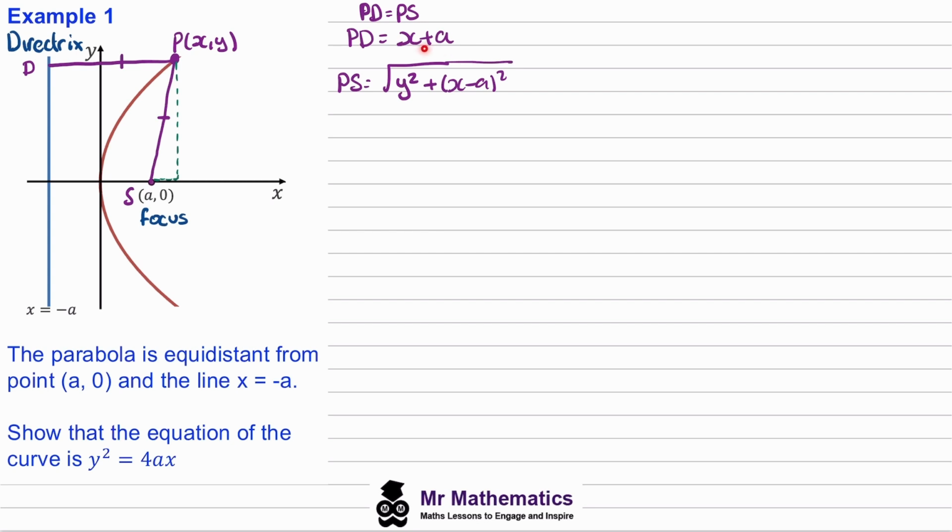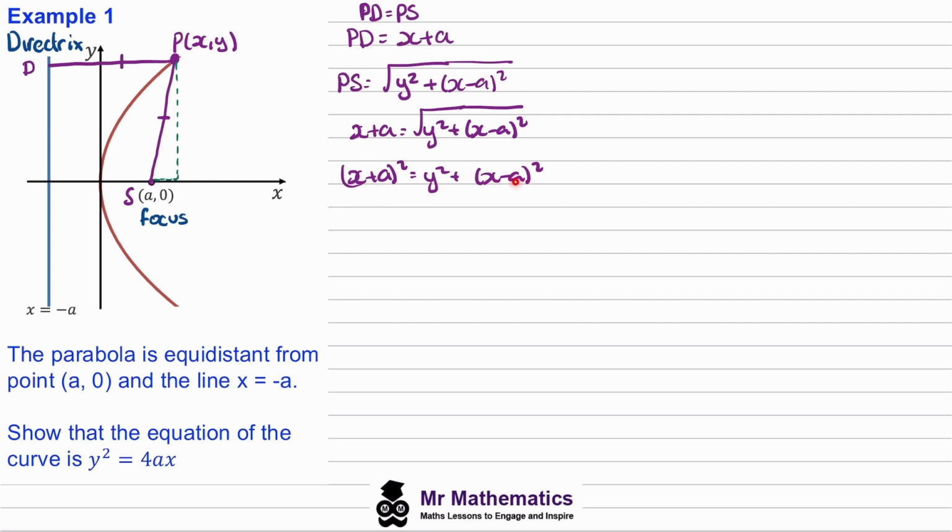And we're trying to show that these two are equal. So x plus a, PD, will equal the square root of y squared plus (x minus a) squared, and this is PS. We can cancel out the square root by squaring both sides. So (x plus a) squared will be y squared plus (x minus a) squared.